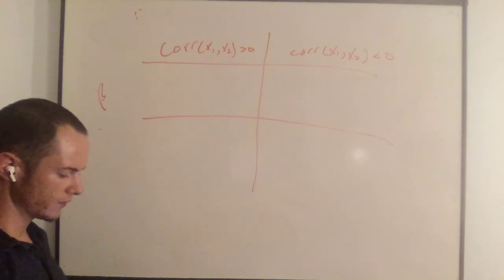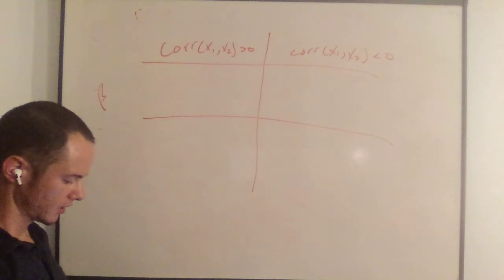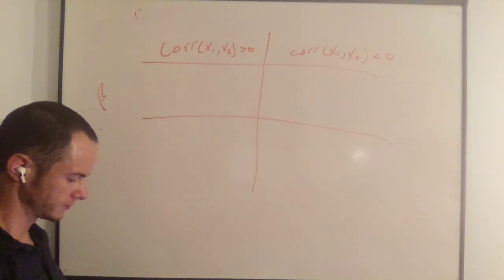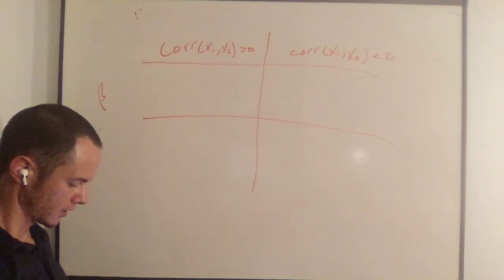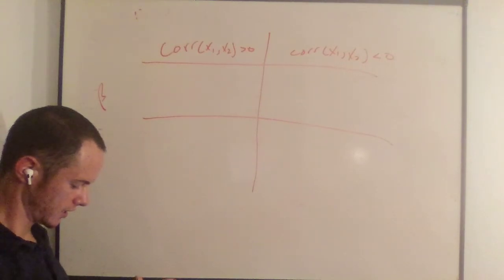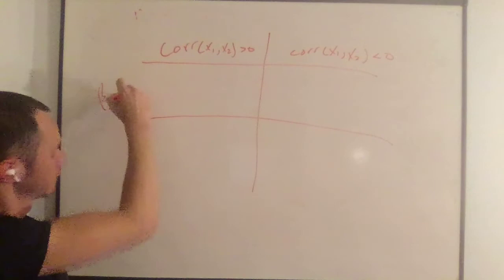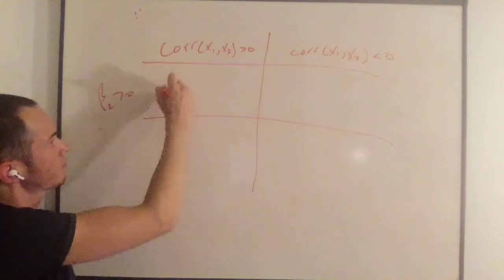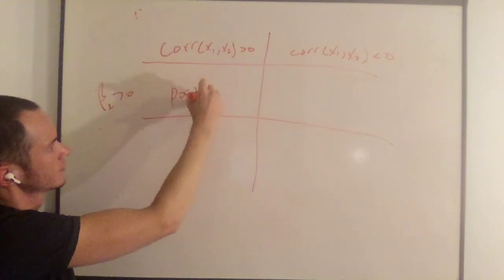If our coefficient beta 2 is positive and the correlation is positive, then we're going to have positive bias.